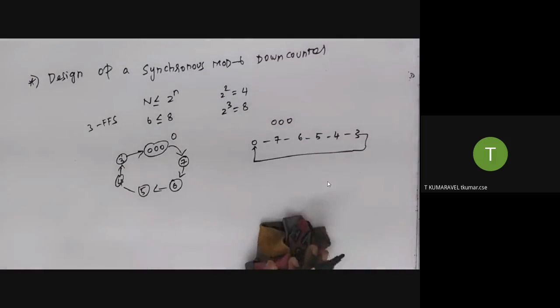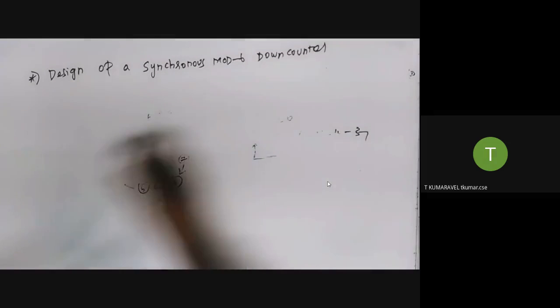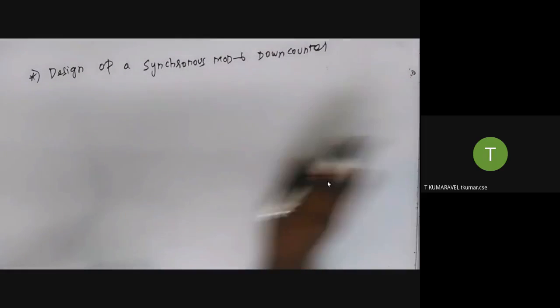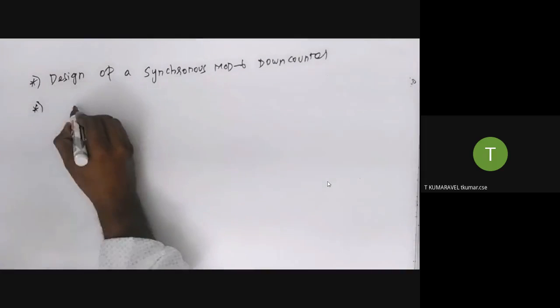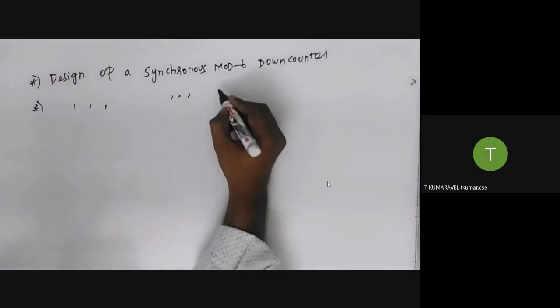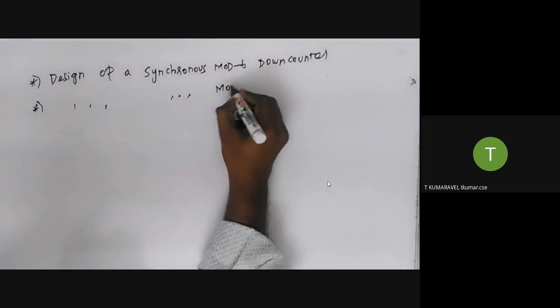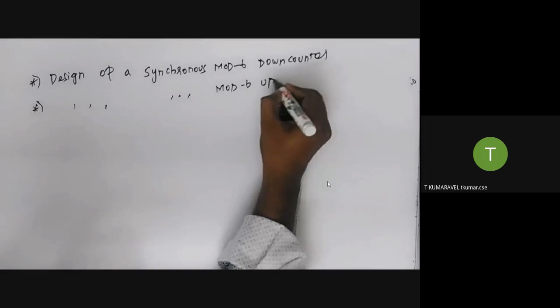You will try it out yourself. After that, I will send the material. Okay, next, one more problem. This is the first problem. The second problem is to design a synchronous mod 6 up counter.